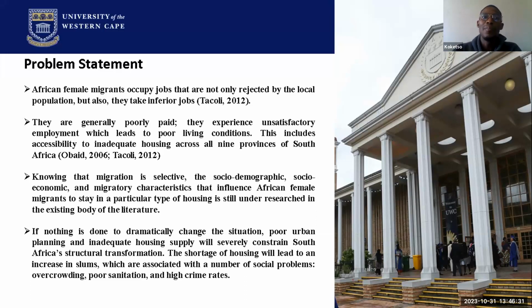Some of them are below the minimum wage line. The experiences in the sectors are unsatisfactory. This is according to Takoli 2012, and they often lead to poor living conditions. This includes accessibility to inadequate housing across all the 9 provinces of South Africa.